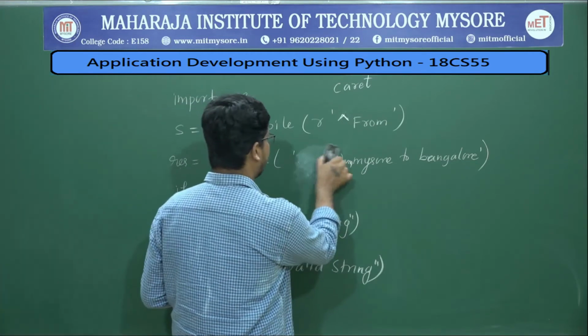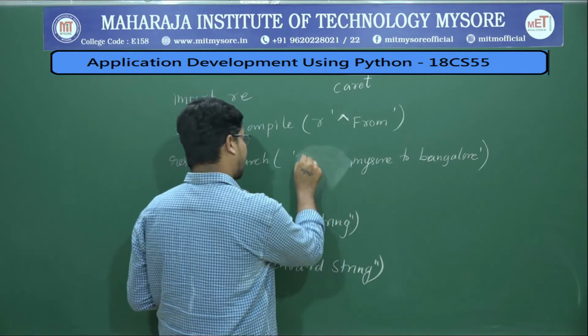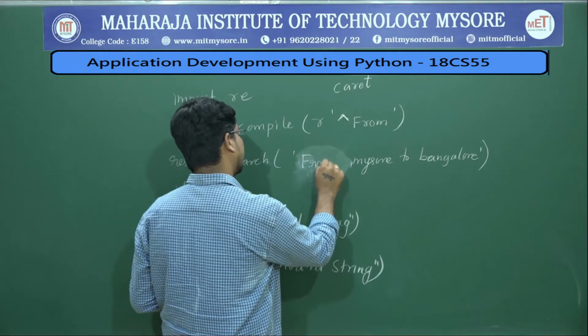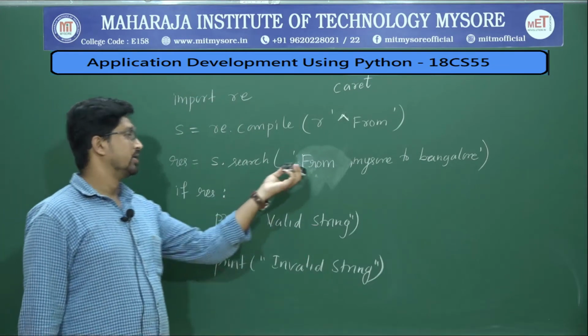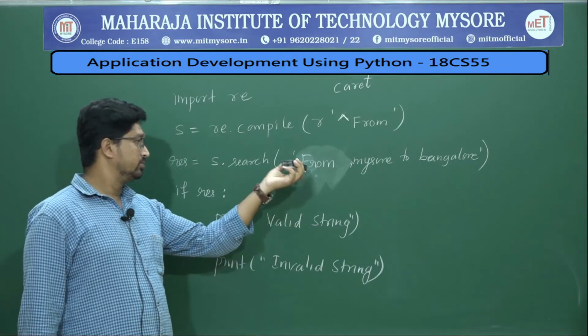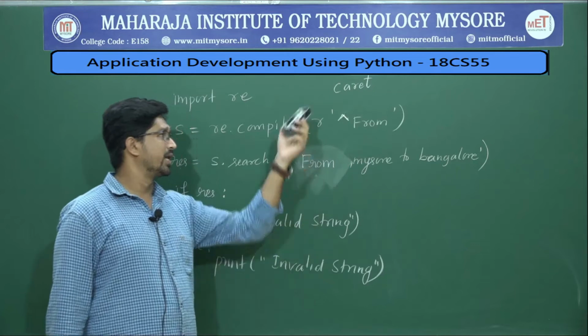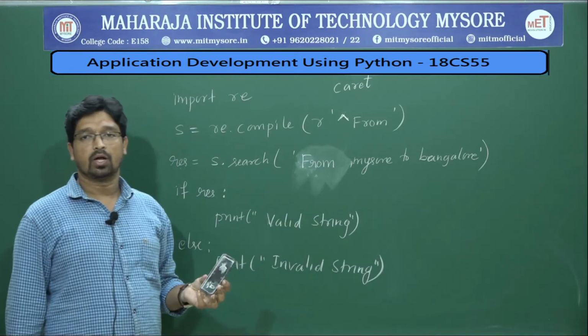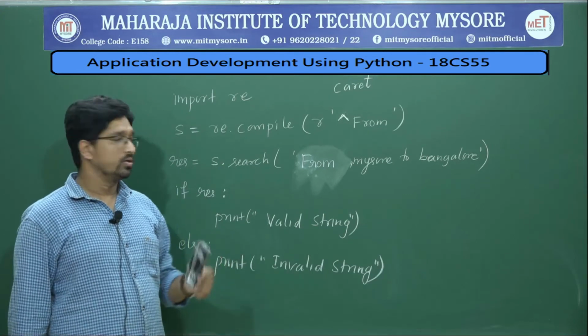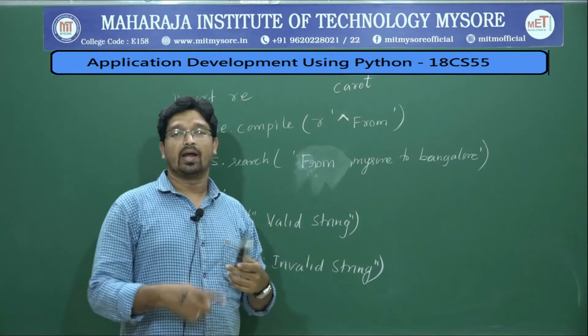In the same way, if you write the word from, from Mysore to Bangalore, it is starting with from, so obviously you will get some information. Okay, understood?